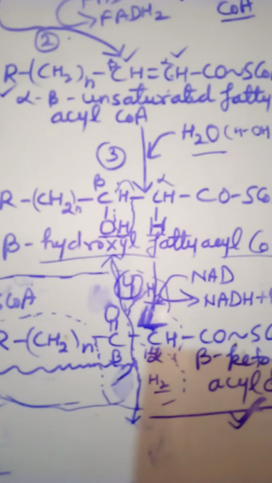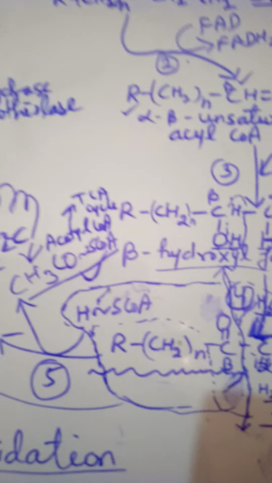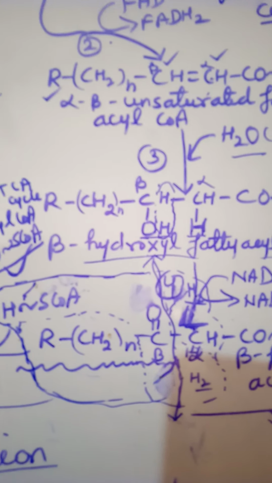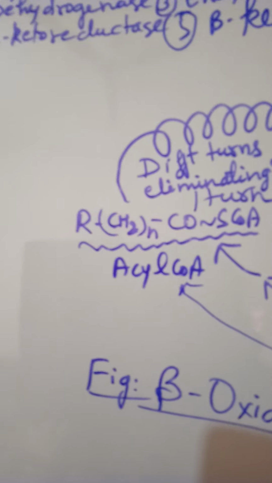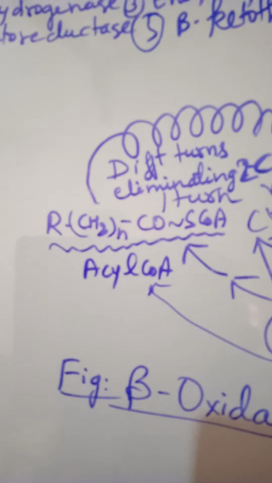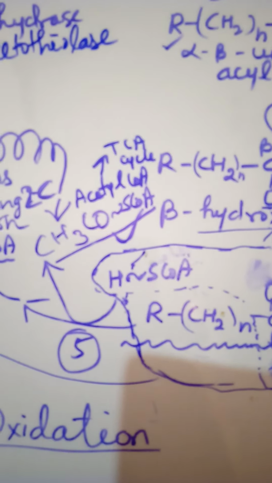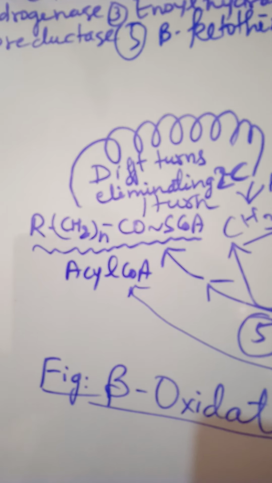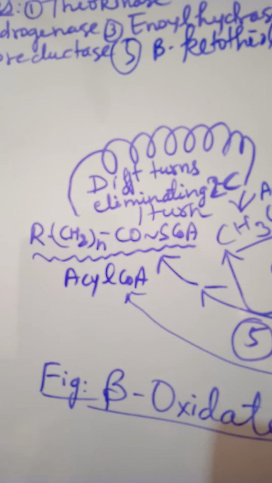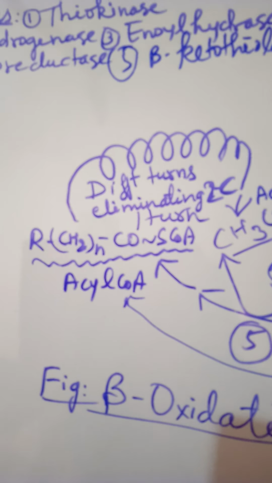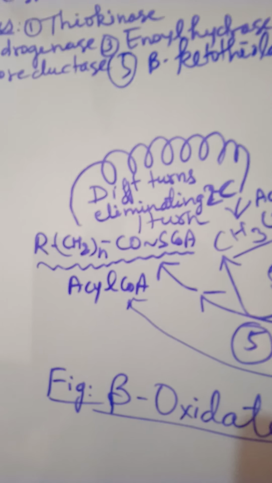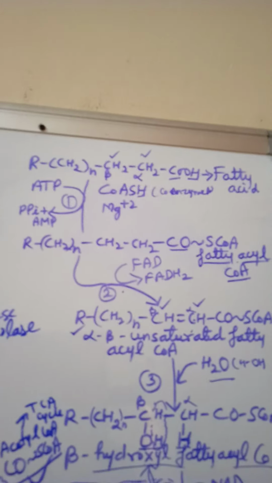And after step 4, we have the event of cleavage, where this entire structure is converted into a fatty acyl coenzyme A derivative plus acetyl coenzyme A, and this fatty acyl coenzyme A has a chain two carbons shorter. It means this acyl coenzyme derivative will have two fewer carbons than after step 1.